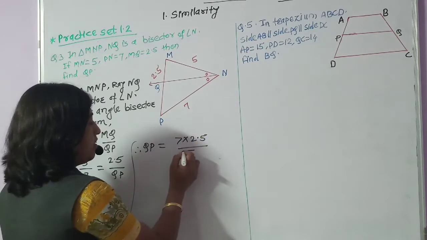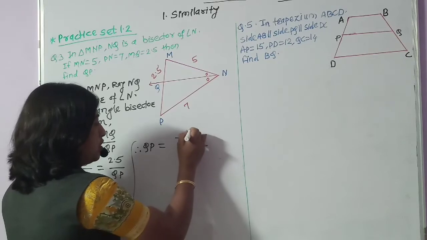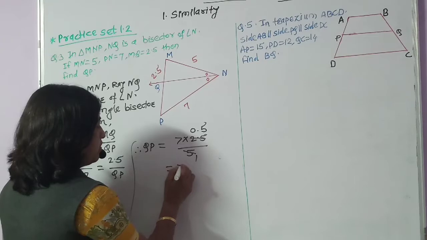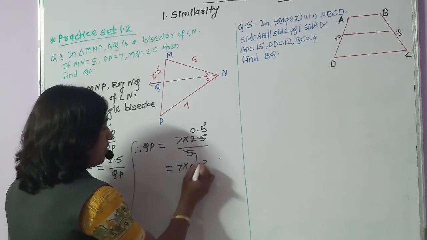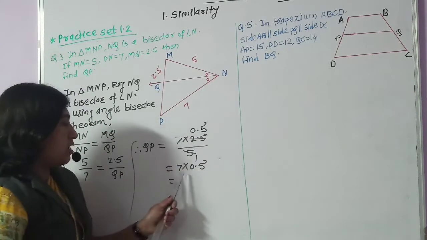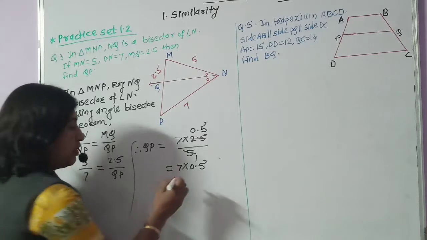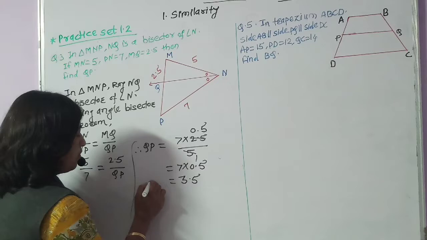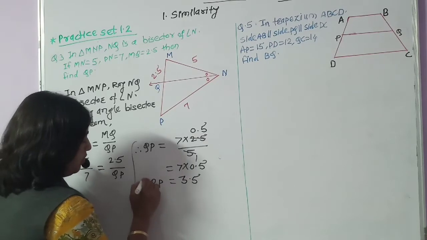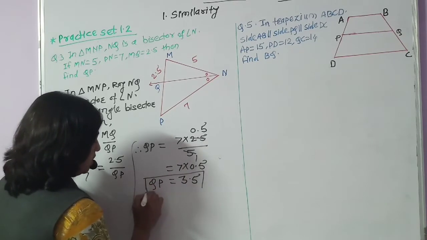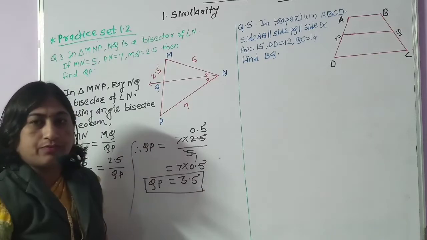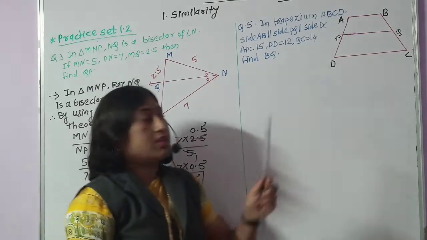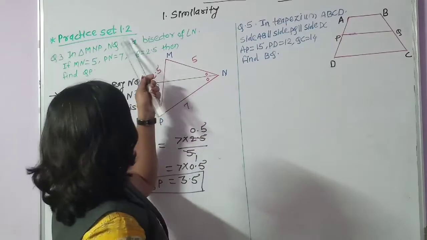Take the division: 5 ones are 5, take 0, and 5 fives are 25, which is equal to 7 into 0.5, which is 7 fives are 35. Therefore we get the value of QP equal to 3.5. Understood?